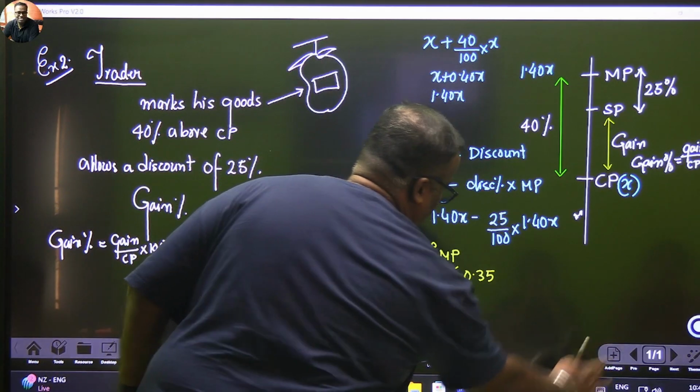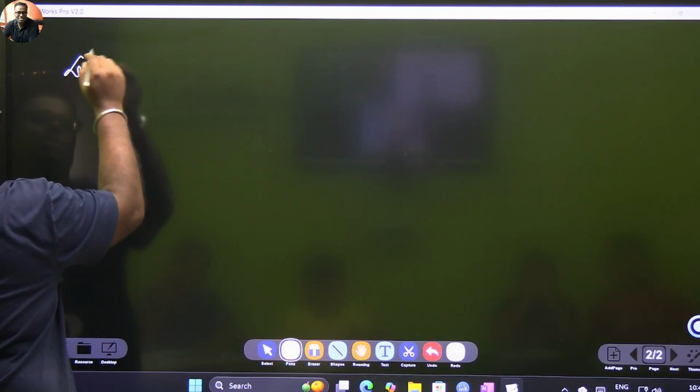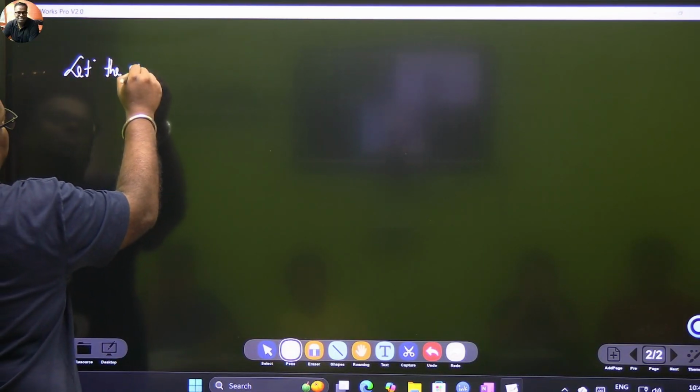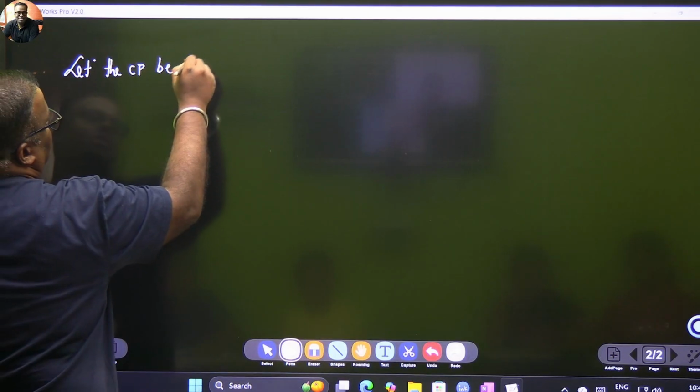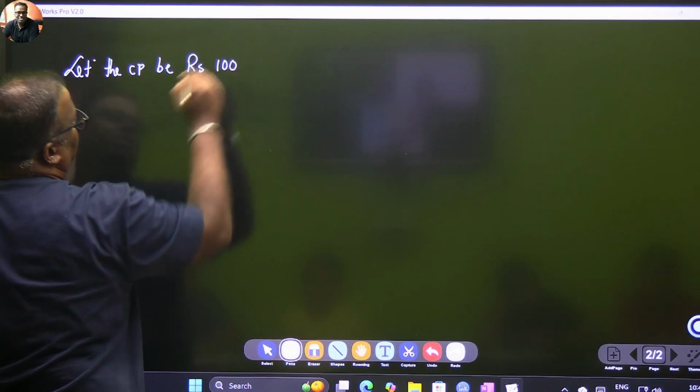So let's do it with 100 and see. Let the CP be rupees 100.